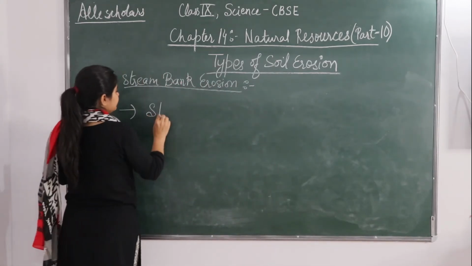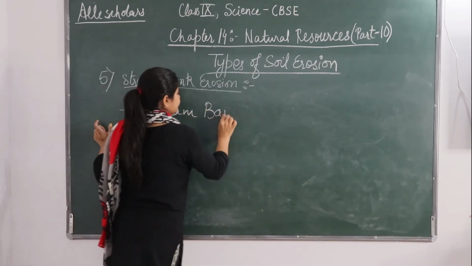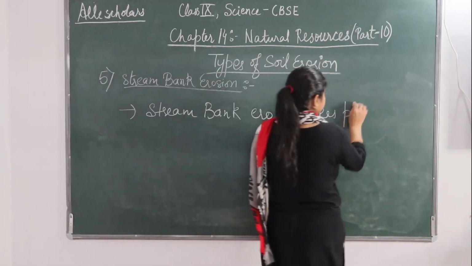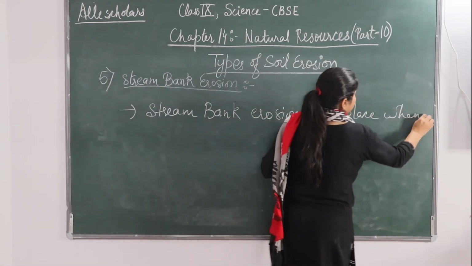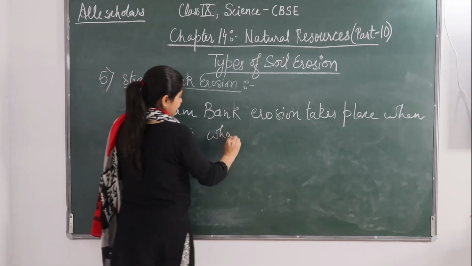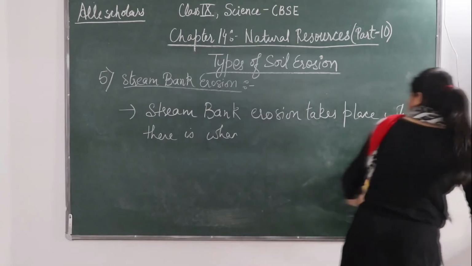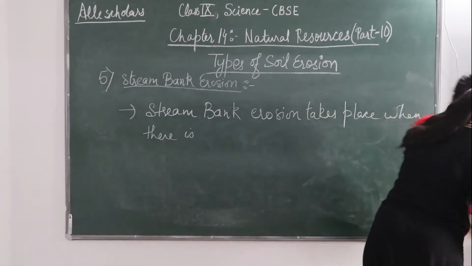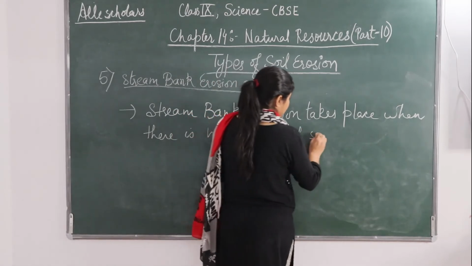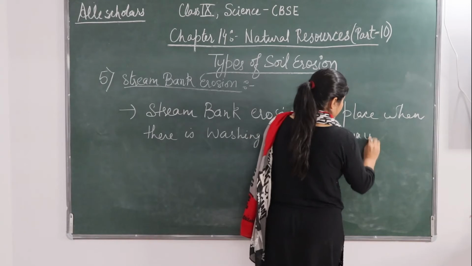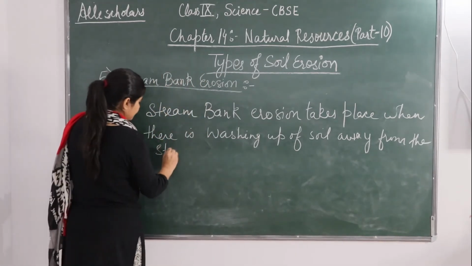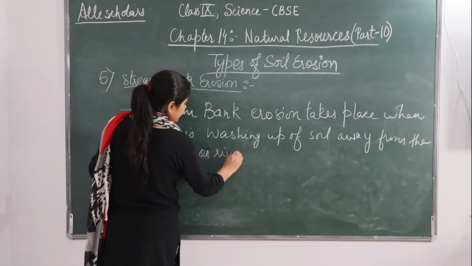So stream bank erosion takes place when there is washing up of soil away from the stream or rivers.